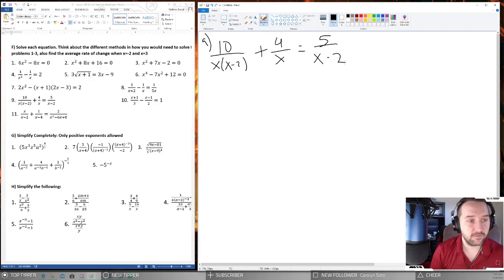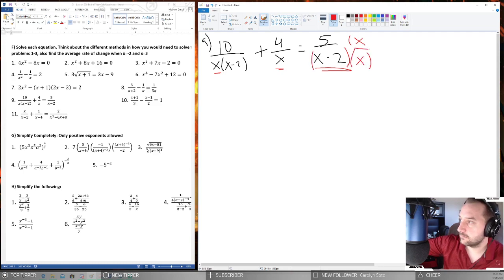When we're solving rational equations, we need to make sure that the denominators are the same. Once the denominators are the same, they become irrelevant to what the solution is going to be. That's going to be our first step. This has an x, this has an x, this doesn't. So I need to do x over x. Now all three of them have x's.